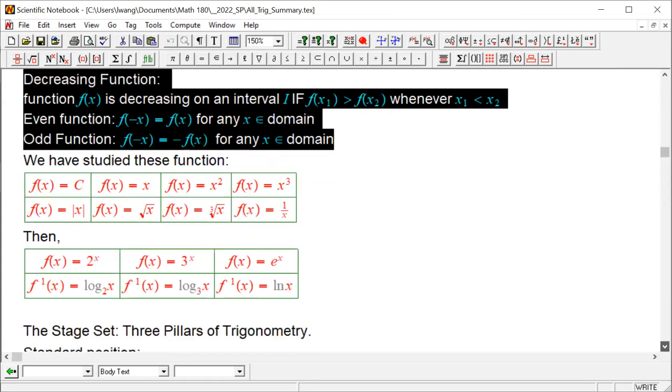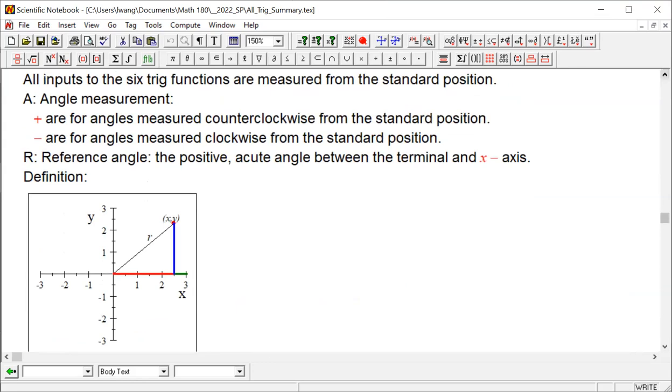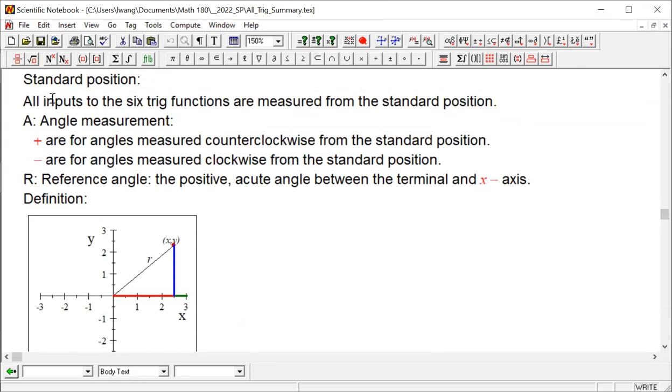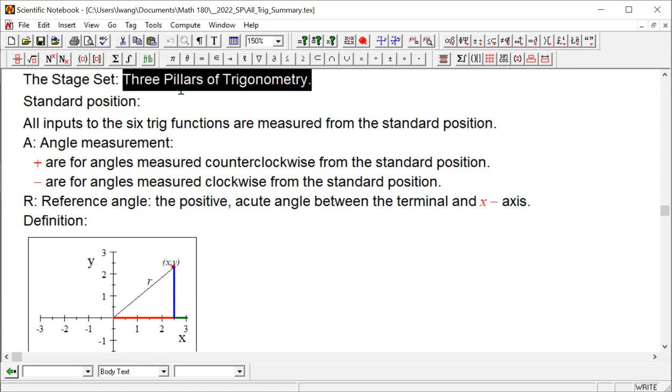So look at the sine function. Here we're going to review. The rule of trig functions is a set of more complicated rules because we have to build a stage, and on this stage we have to specify the 3 pillars that support trigonometry.